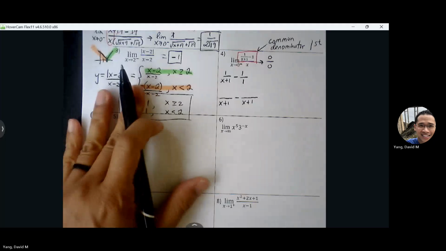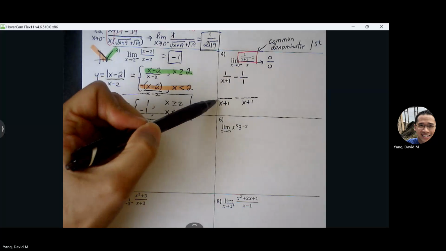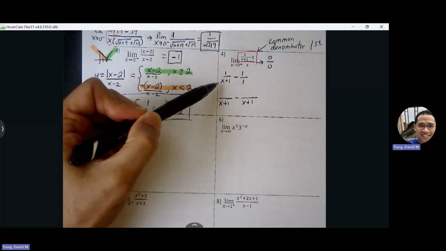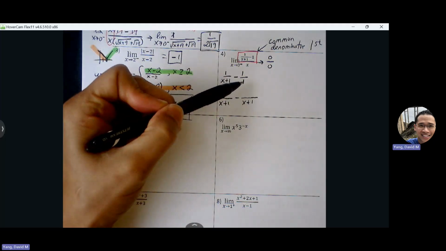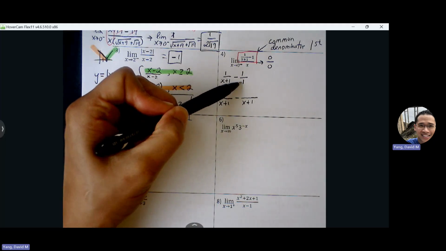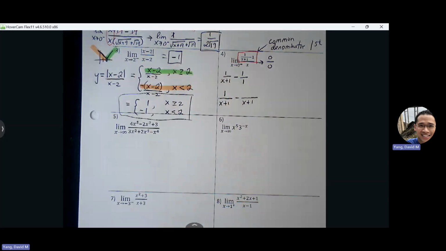No change between my old denominator and my new denominator, so I'm just going to carry that 1 down. Second fraction, there is a change. This to this, I need to multiply by x plus 1.